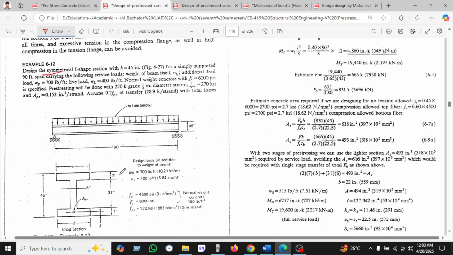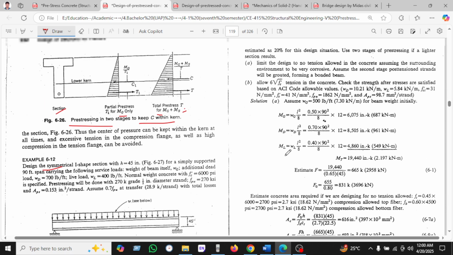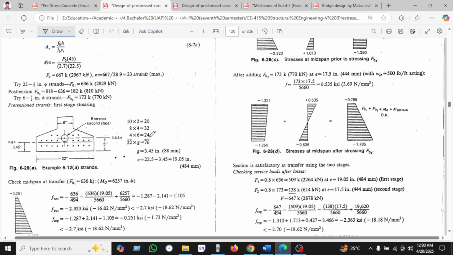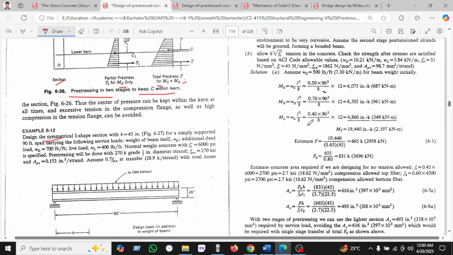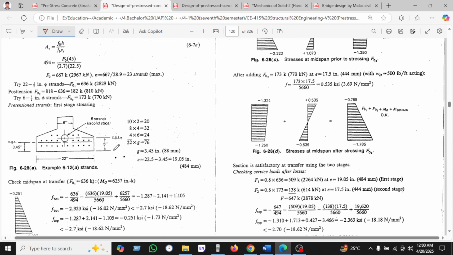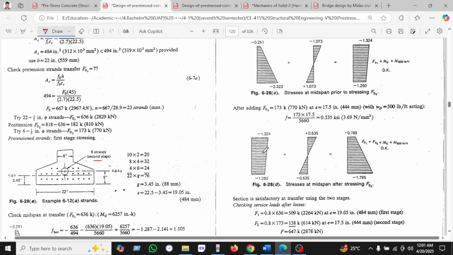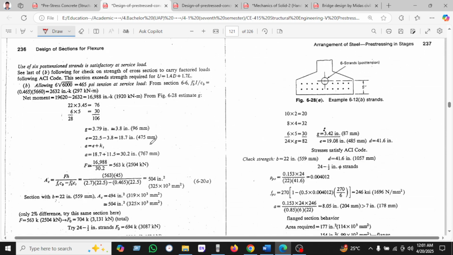You can see that this example also I'm just keeping here. In this way you can use this formula for C star. You can see this formula.